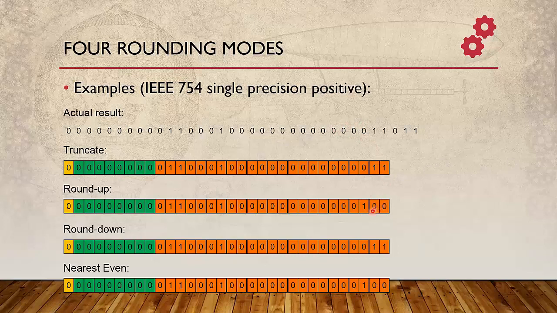So the last 0, 1, 1 becomes 1, 0, 0 because we add 1. Round down, in this case for a positive result, is identical to truncation. So the last 3 bits are 0, 1, 1. And nearest even is whichever result, either round up or round down, that gives the LSB in the result to be 0.